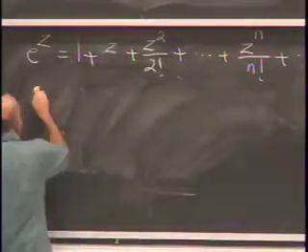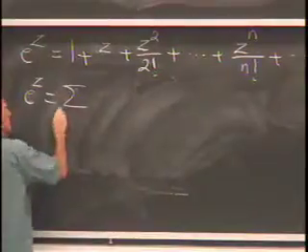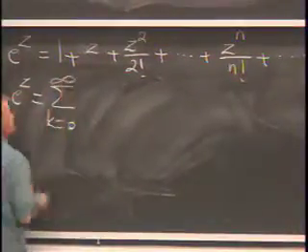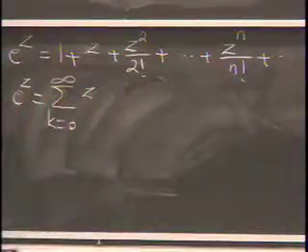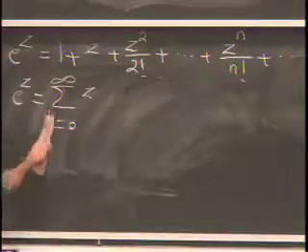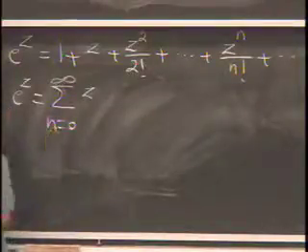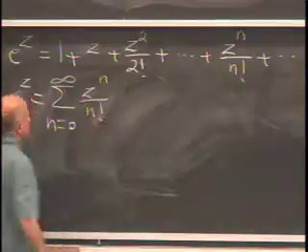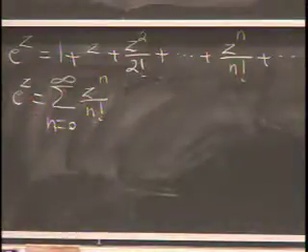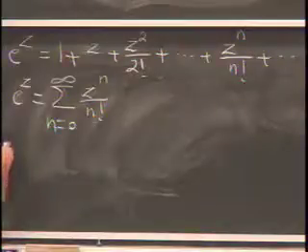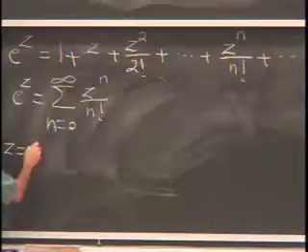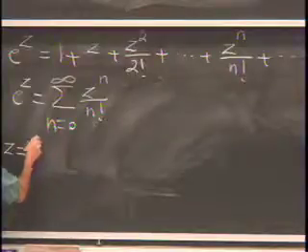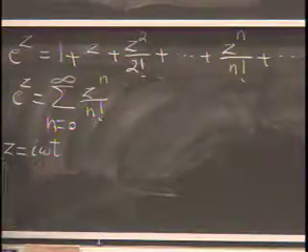So e to the z has an infinite sum of z to the n over n factorial. Whoops, too many variables. You liked n, so we keep it n. Okay? What happens when z is equal to i omega t?